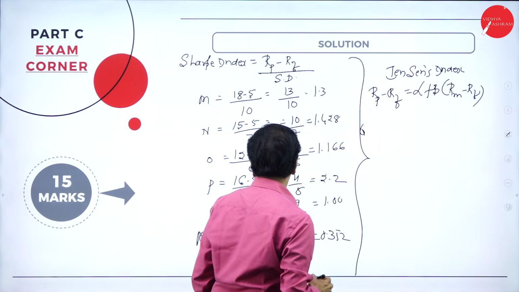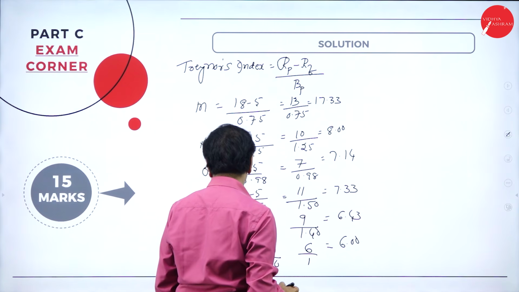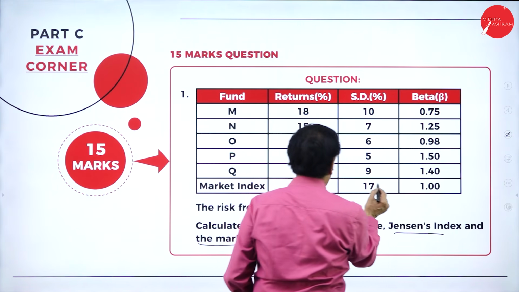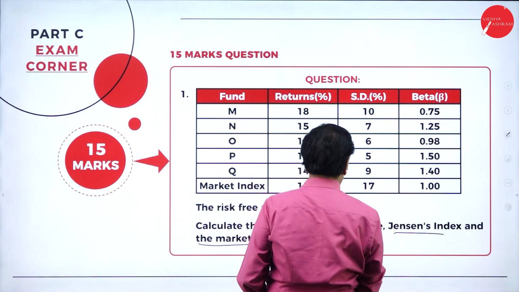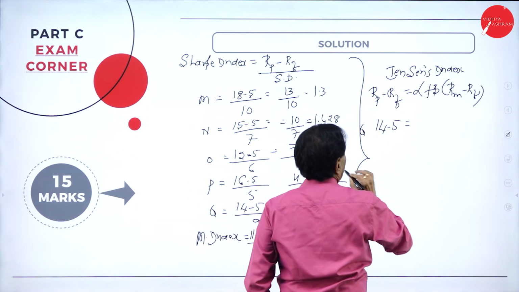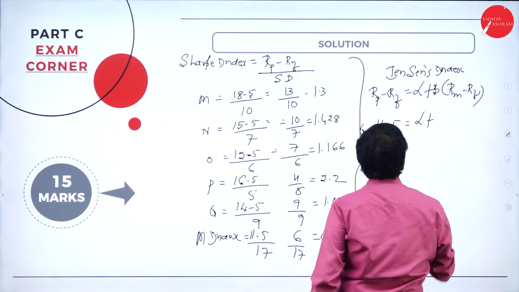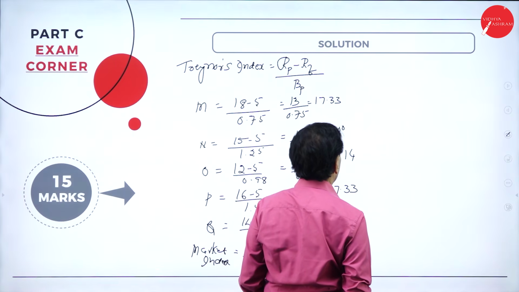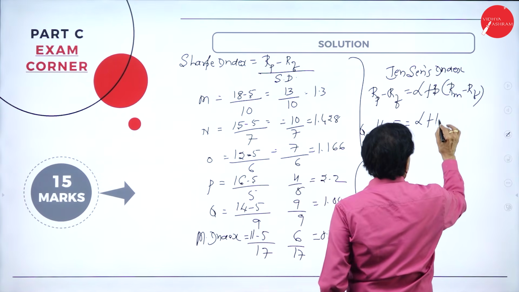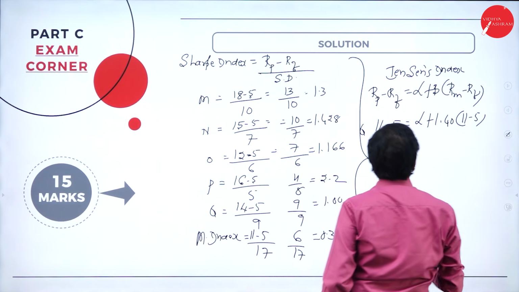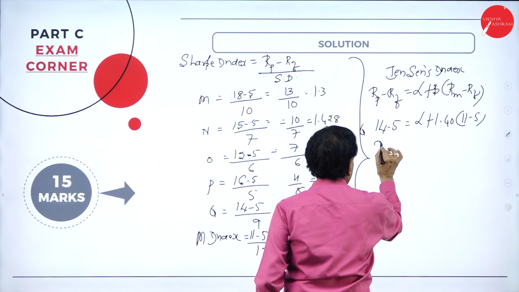Returns is equal to Q. 14 minus 5 returns Q. 14 minus 5 is alpha plus beta of Q. Beta of Q is 1.40. 14 minus 5 is 9.